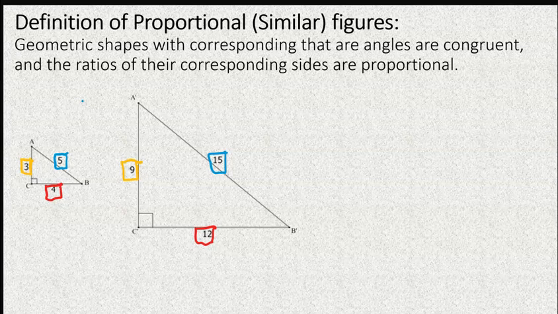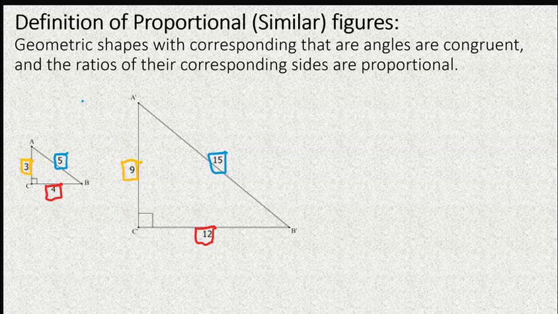That indicates that the smaller triangle is a pre-image and the larger triangle is an image. Or in this case, the triangles are dilated and the scale factor between them is 3. So in other words, triangle A prime, B prime, C prime is 3 times larger than the smaller triangle.